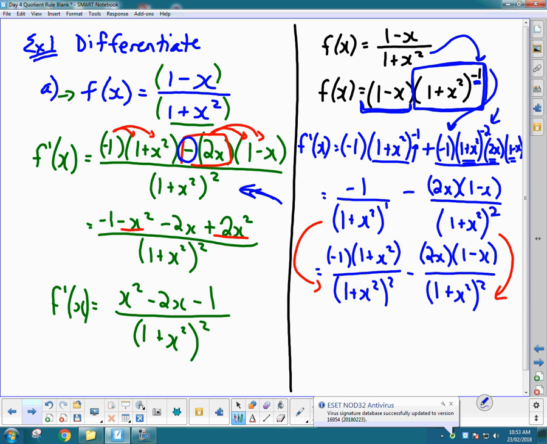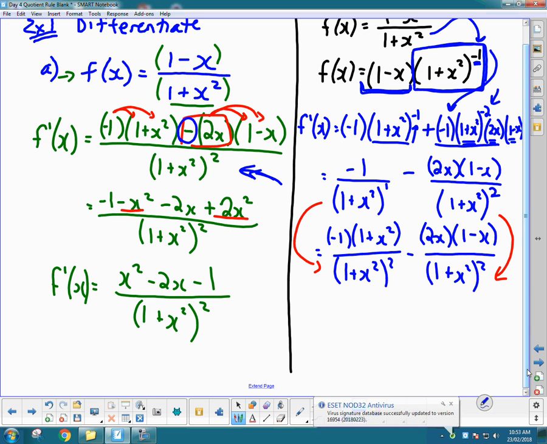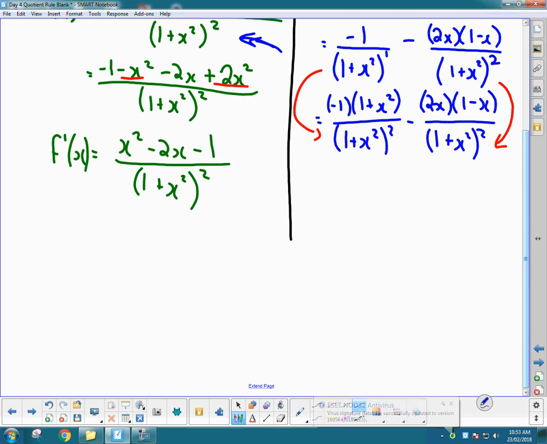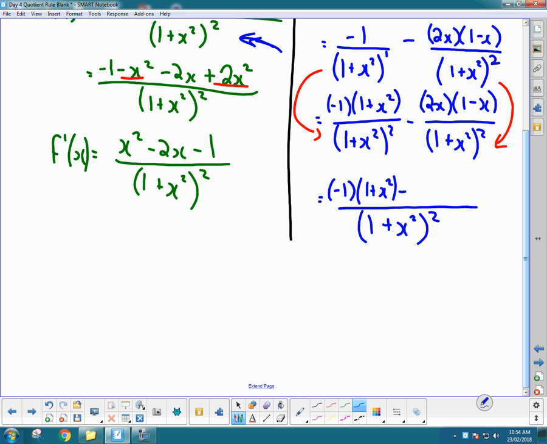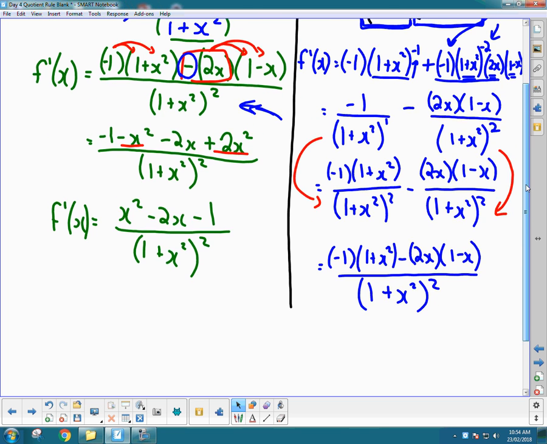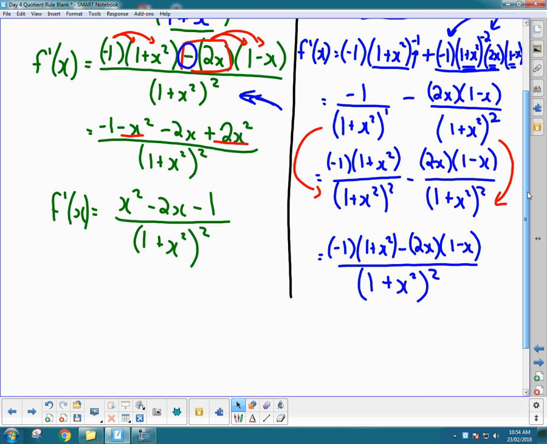Normally I would rainbow this, but I'm going to show you how this actually ends up being the quotient rule. So I'm going to keep the denominator since they're the same. And I'm going to subtract the numerators without actually multiplying. And if you look closely, you'll actually see that that line right there is the same as the first line of the quotient rule.